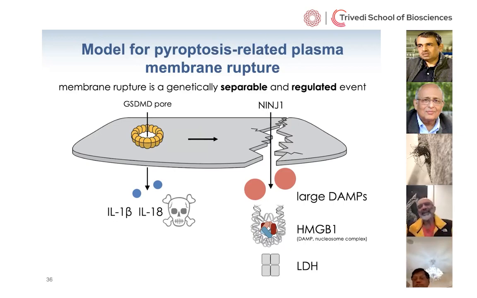While the details need to be worked out, I think the really startling finding is that we were able to genetically dissociate membrane damage from membrane rupture. And in this particular case, the membrane damage doesn't have to be caused by Gasdermin D pores. We even used chemotherapy to kill the cells. They're still dependent on NINJ1 to release LDH.